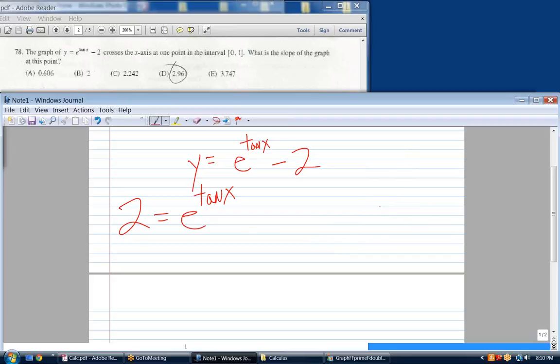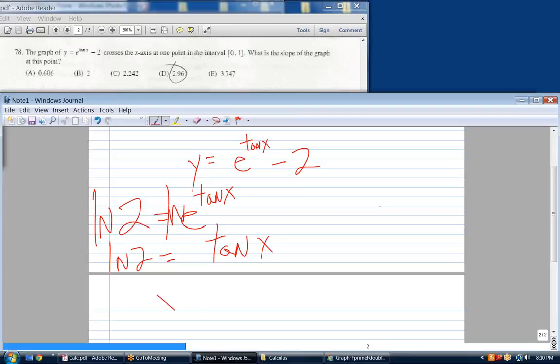Yeah. So we get natural log of 2 equals natural log of e to the tan x, and the natural log of e to the tan x is just tan x. I can take that tan x and put it in front, and then the natural log of e is 1. So I've got tan x equals ln 2.